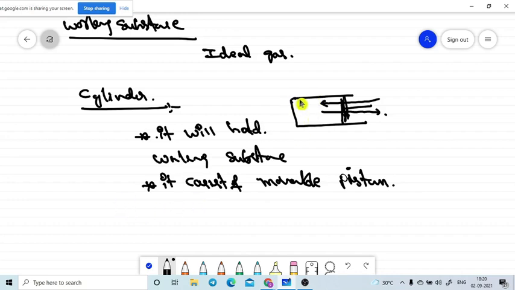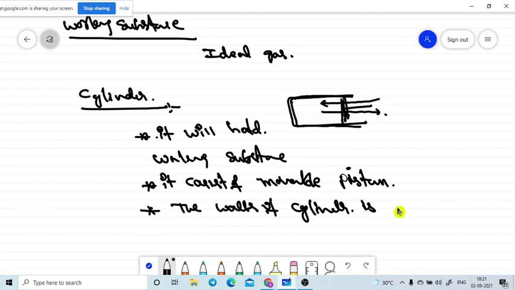And also the walls of this cylinder are thermally conducting walls. What is the meaning of this?